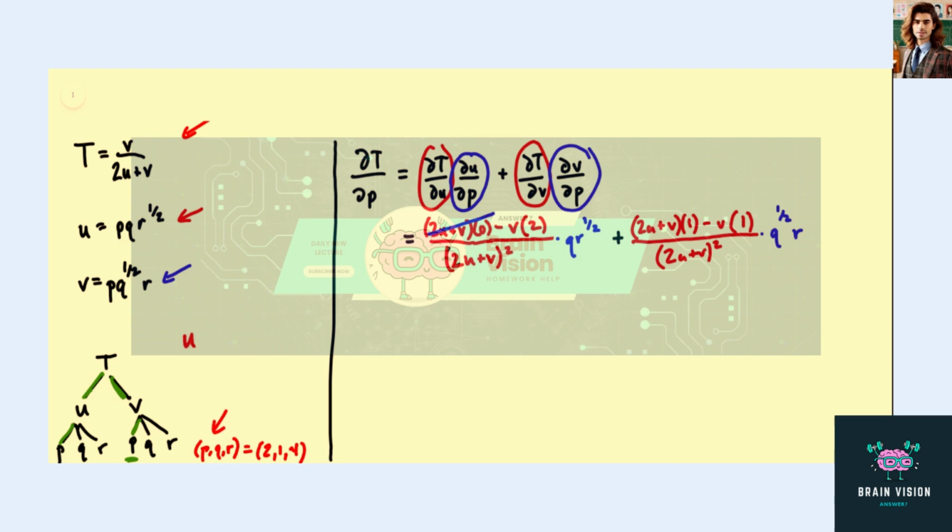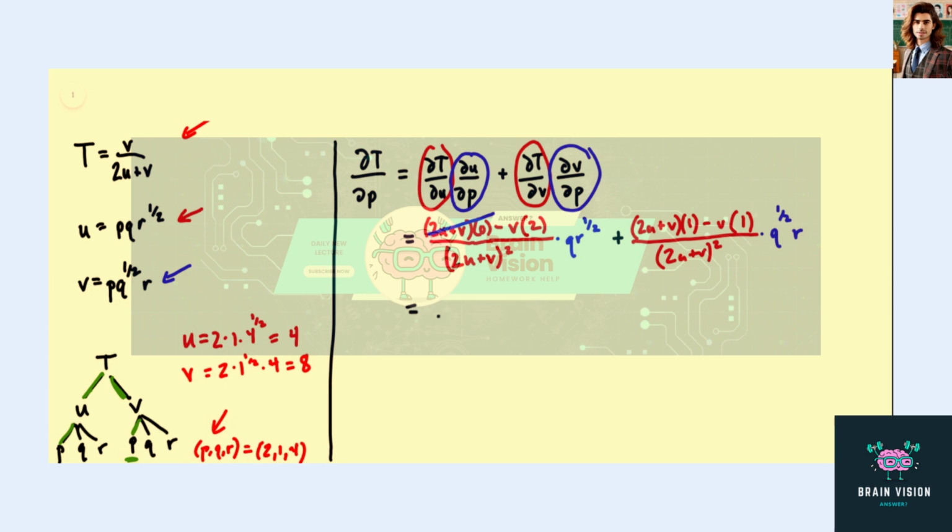So let's make a note. u at this point equals, well, p is 2, q is 1, and the square root of 4 will be 2. So 2 times 1 times 2 is 4. And v will be 2 times, now we have 1 to the 1/2 power, which is 1, times 4. So we have 2 times 4, which is 8.